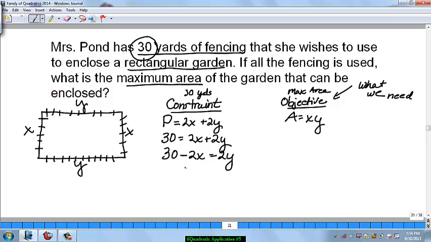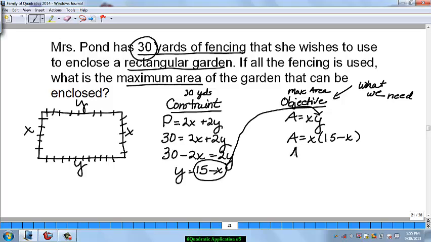And if I divide through by 2, I have y equals 15 minus x. You're going to take that and actually plug it into that y spot, because you have to put your constraint in there so you can find the maximum area with 30 yards of fencing. So I have A equals x times 15 minus x. Now when I do the distributive property, I have 15x minus x squared.